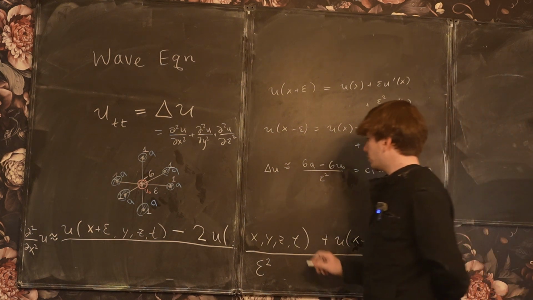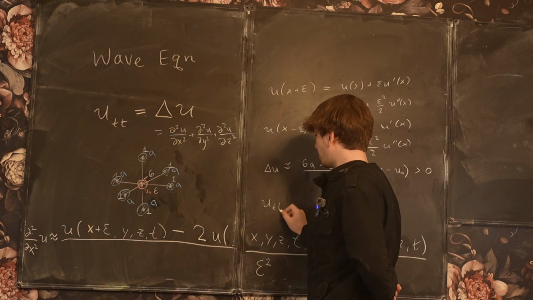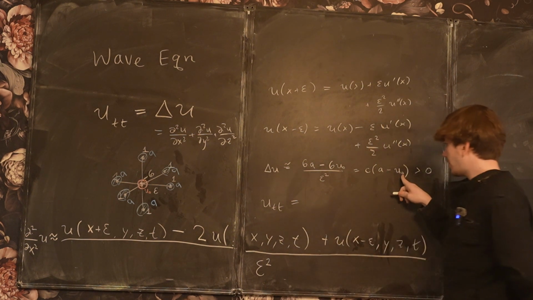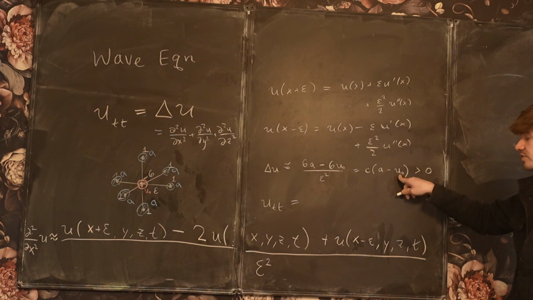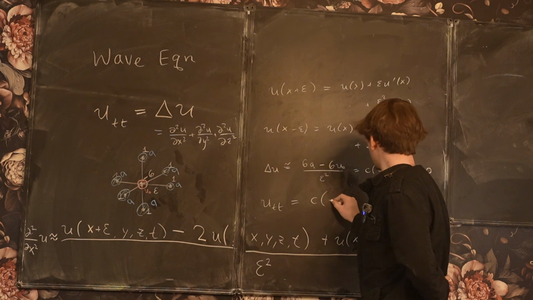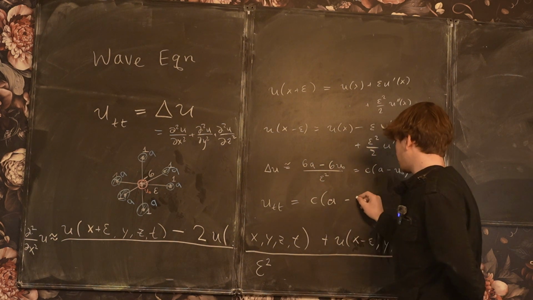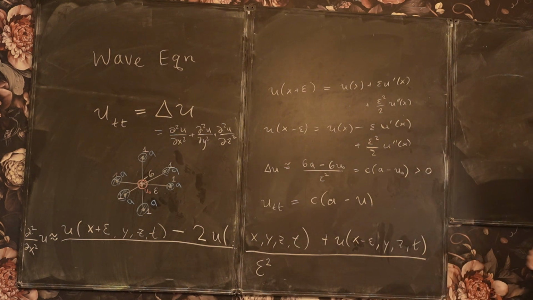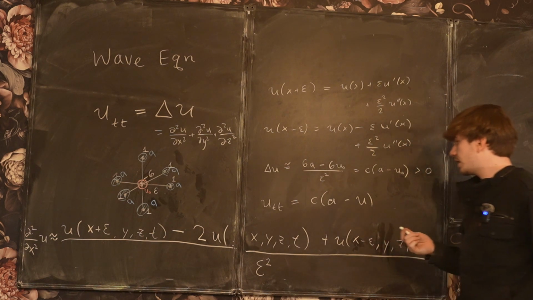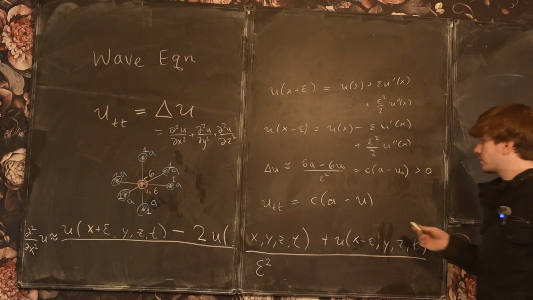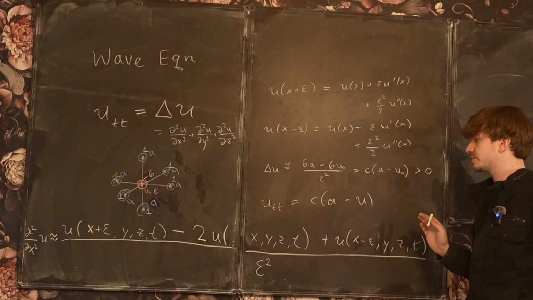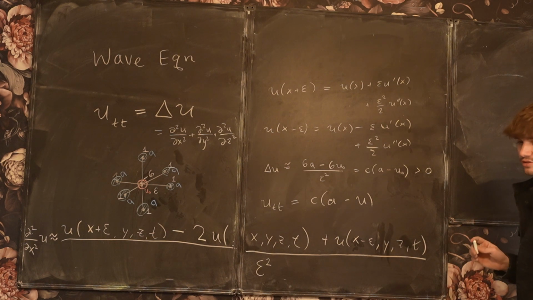So then we're going to observe that if u solves the wave equation, and we allow this u naught to vary with time, changing it to a u of t, the time evolution of this system is governed by a constant times a minus u. And we obtain this differential equation. We can solve for it explicitly in time, for a fixed spatial point. And what will that solution be?